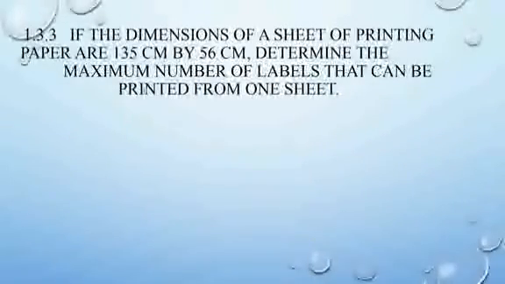Now the next question says, if the dimensions of a sheet of printing paper are 135 centimeter by 56 centimeter, determine the maximum number of labels that can be printed from one sheet. Here we've got a sheet with this particular dimension.